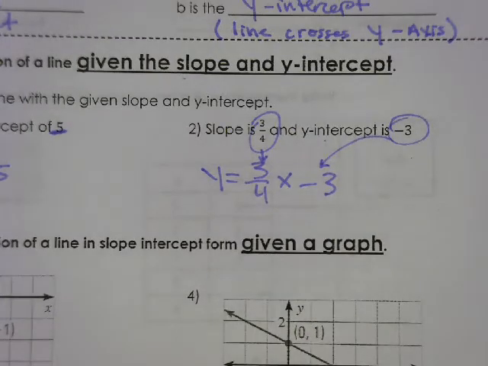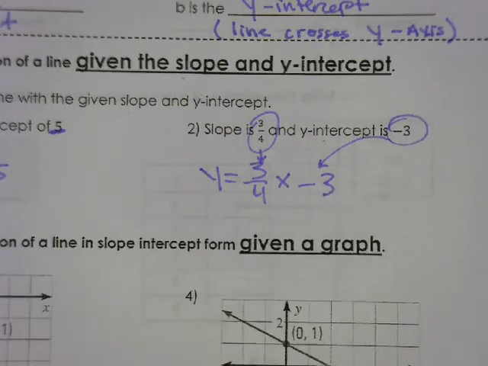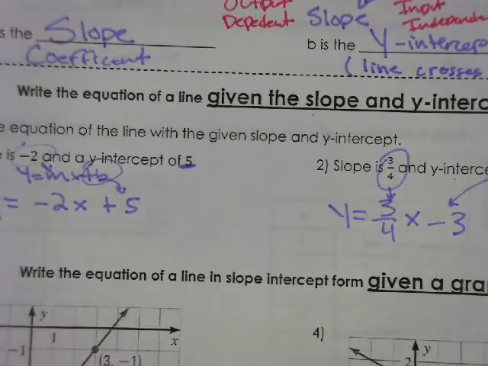The line crosses at -3 on the y-axis, but in my equation, I put 3/4 x minus 3. So that's making an equation if you're given the slope and the y-intercept.